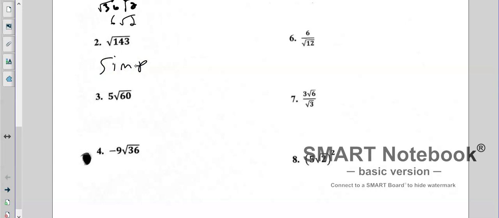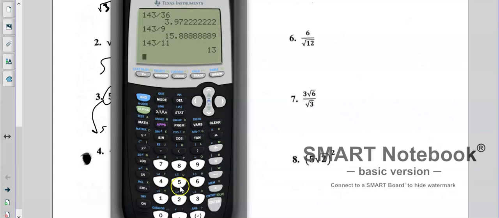5 times root 60. Don't forget this 5 is out here. I suggest you write the 5 to remind yourself to bring it out here. 60, you're looking for a magic number that goes into 60. So you just take your calculator and you try, 60 divided by, well, 49 is the next smallest number.